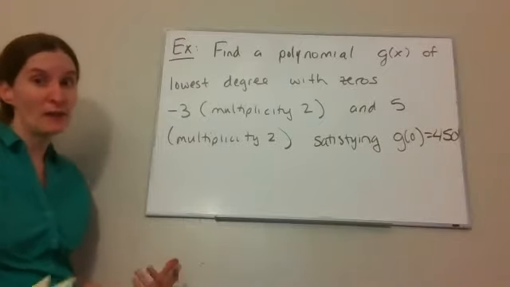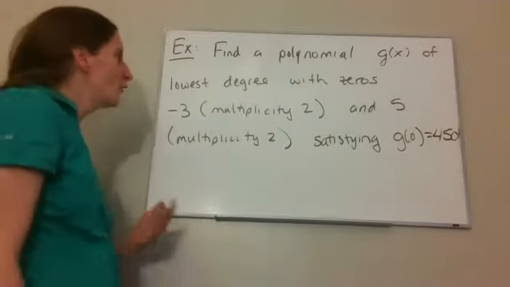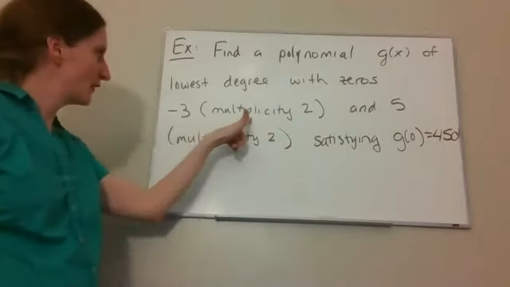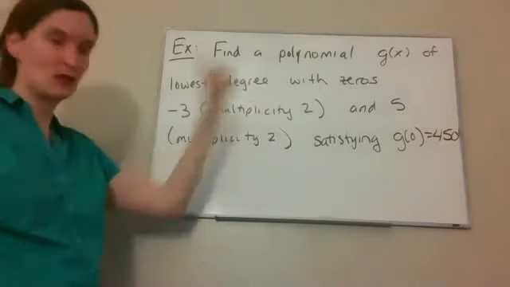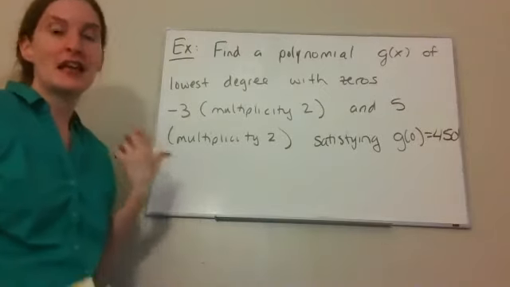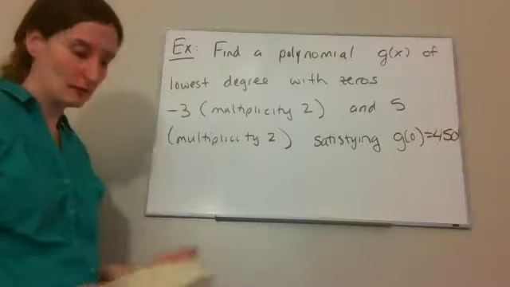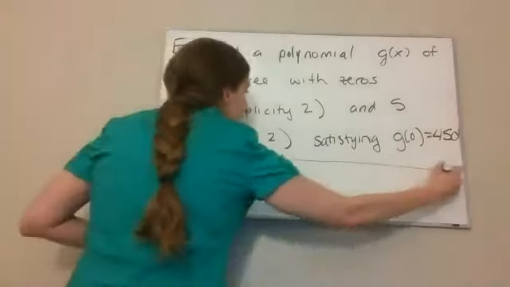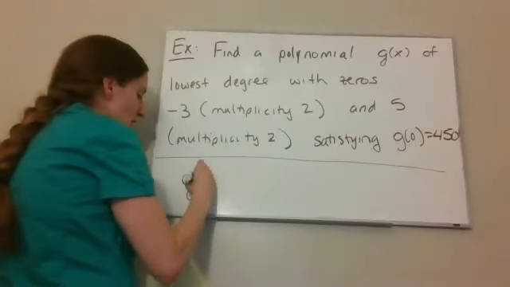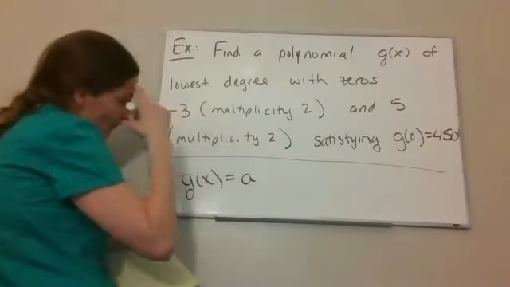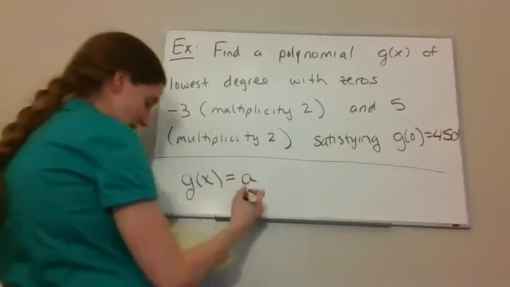Well, we're going to write it in factored form first. First, notice that I have a total of 4 zeros here. Multiplicity 2 for that one, multiplicity 2 for that one, so that's 4 zeros. This means that I need a degree 4 polynomial. So I'm going to write this in factored form. g of x equals, I might have some number in the front, we'll figure that out later.